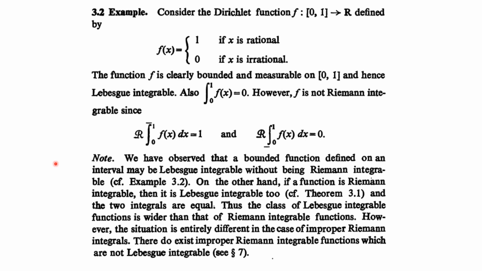On the other hand, if your function is Riemann integrable, then it is Lebesgue integrable also. So that means the class of Lebesgue integrable functions is wider than that of Riemann integrable functions. However, this is not true in the case of improper Riemann integrals. There may exist improper Riemann integrable functions which are not Lebesgue integrable.